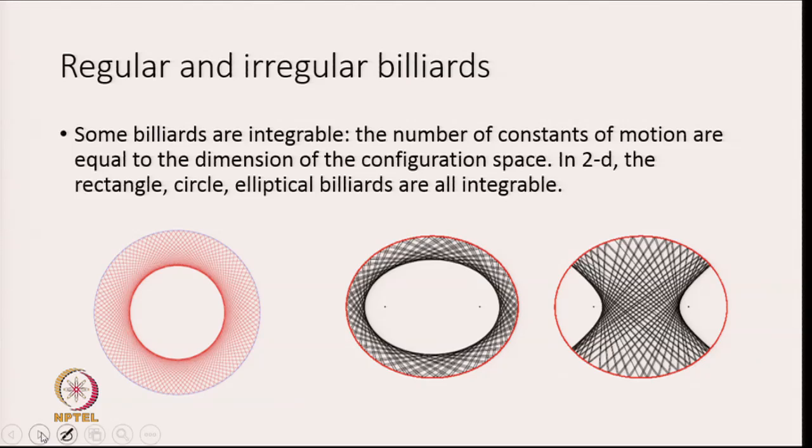These all turn out to be integrable. What I have shown over here are orbits inside a circular billiard, and the caustic of the motion, that is to say the shape formed by the envelope of the trajectories, is another circle.